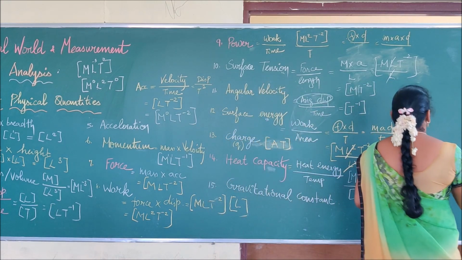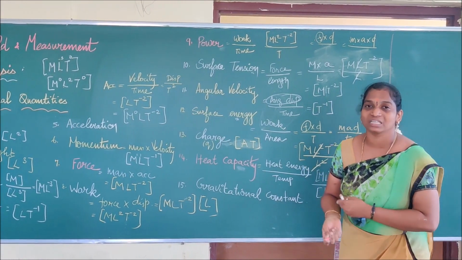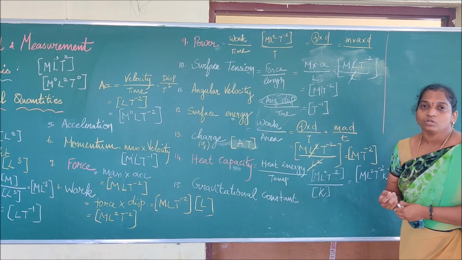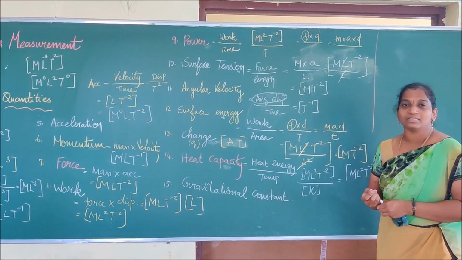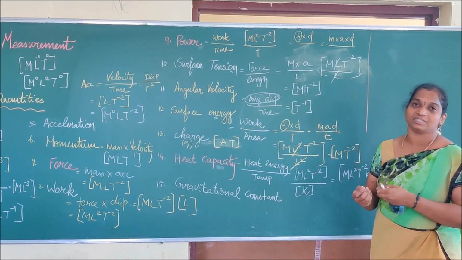Listen here. What is the gravitational constant? We know about the famous Newton's gravitation law. Force is directly proportional to the product of masses and inversely proportional to the square of the distance between them.